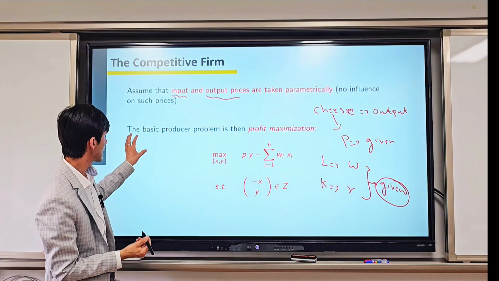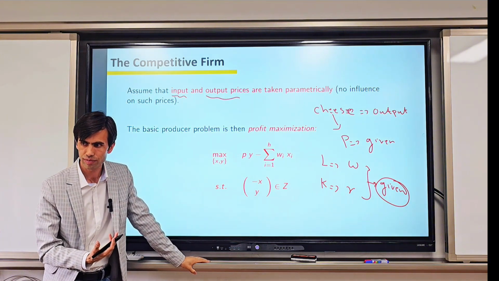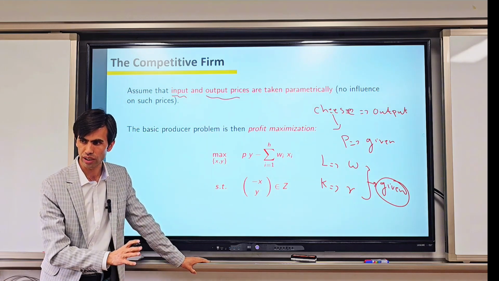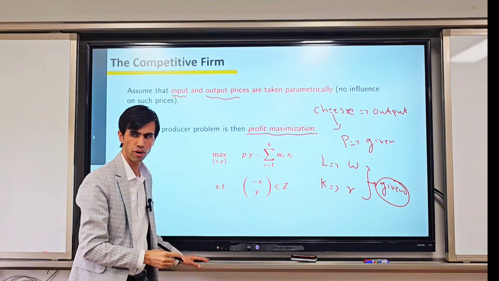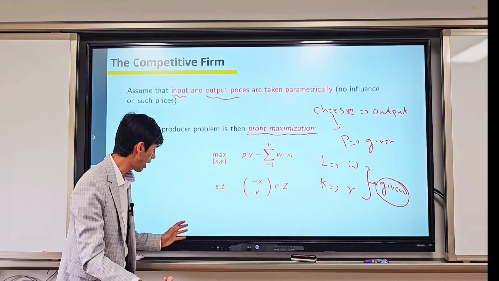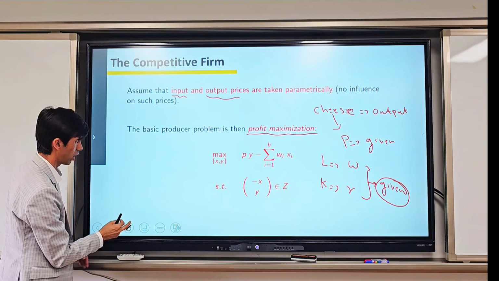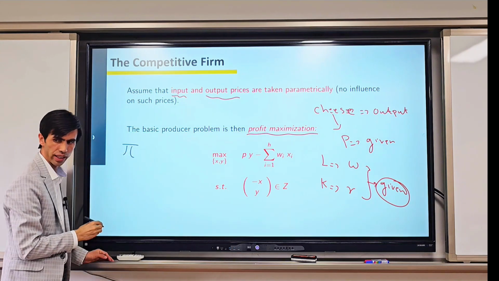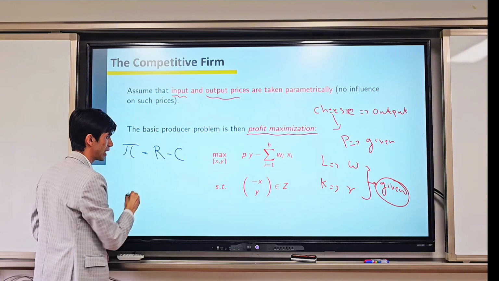So basically, in the case of producer theory, whether it's perfect competition, monopoly, oligopoly, or duopoly, all of them are trying to maximize their profit. What is the profit then? First of all, we need to define the profit. The profit, for which we mostly use the notation pi, is equal to revenue minus cost.